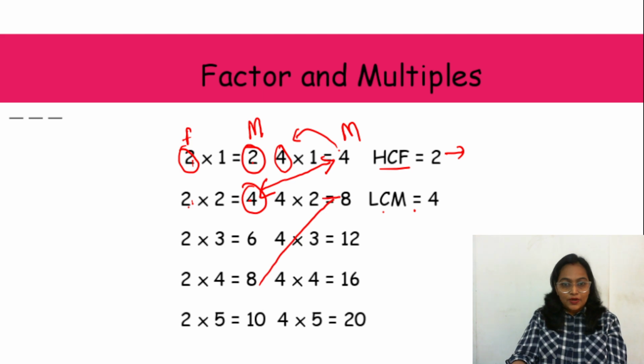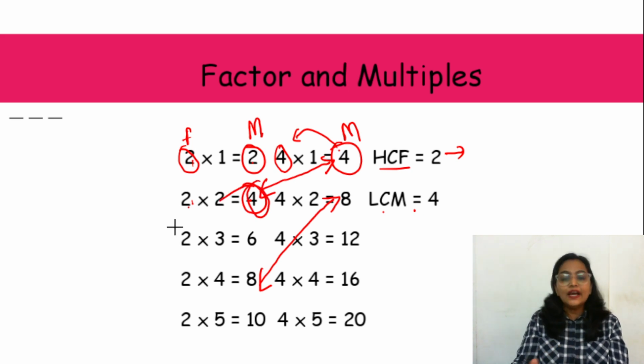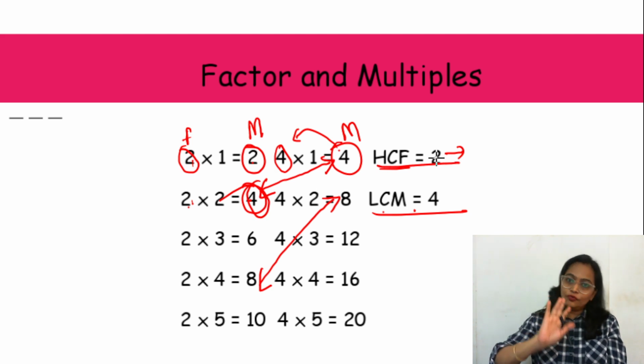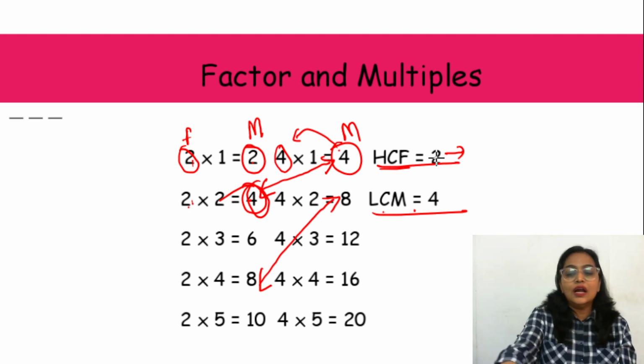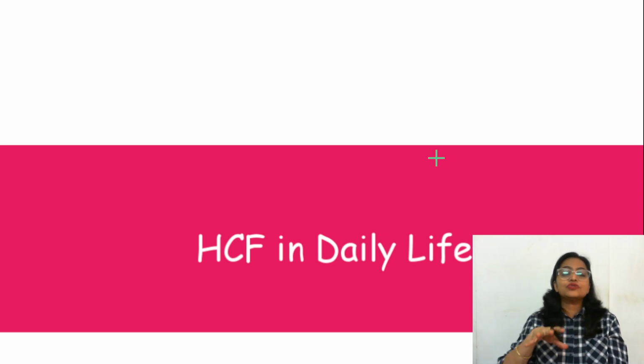This is the common multiple. And if you see the lowest common multiple, then 4 will be the lowest common multiple of 2 and 4, right? So LCM will be 4, HCF will be 2 for 2 and 4. Okay. Now, coming to the scenarios where we use HCF and LCM in our daily life.